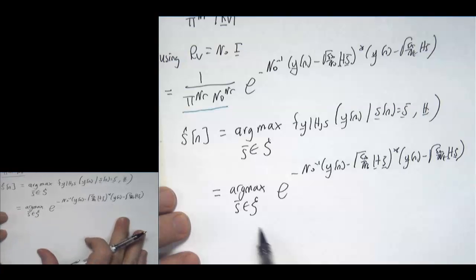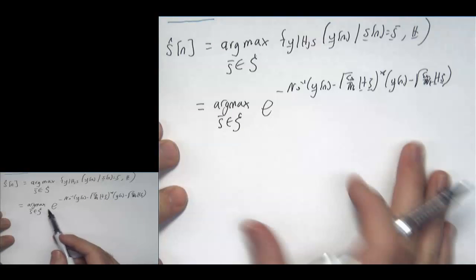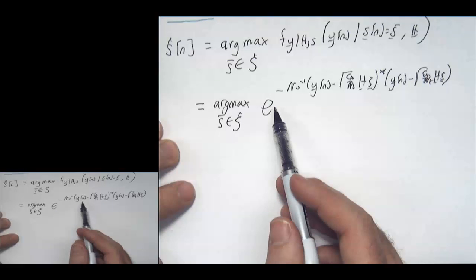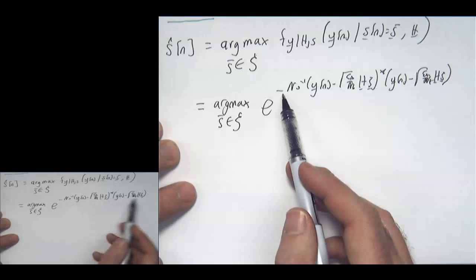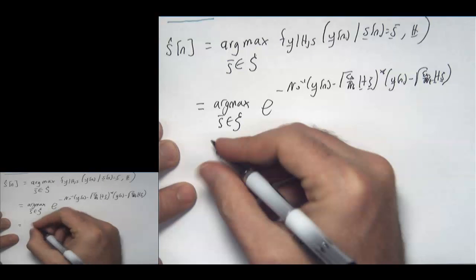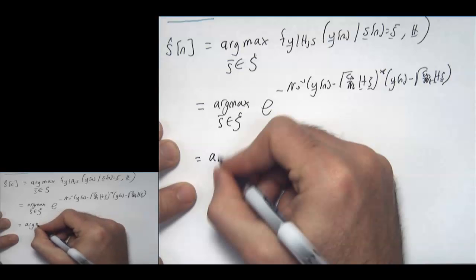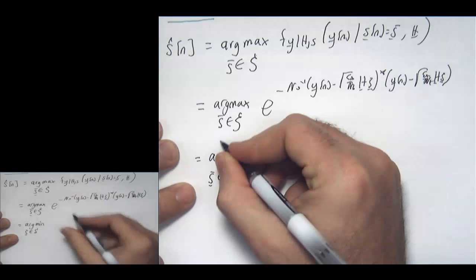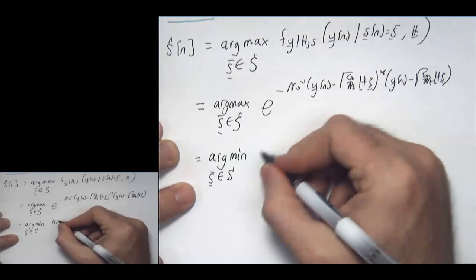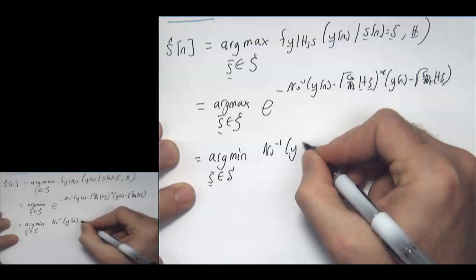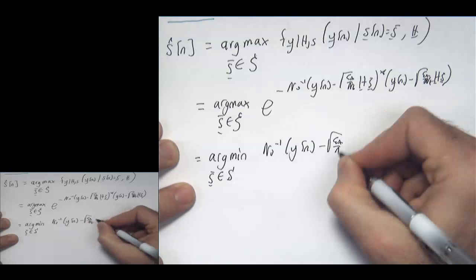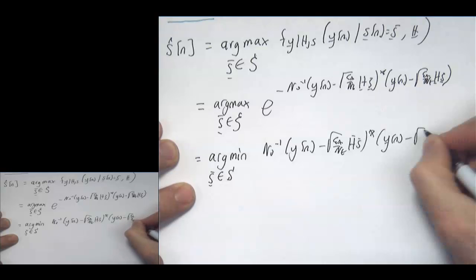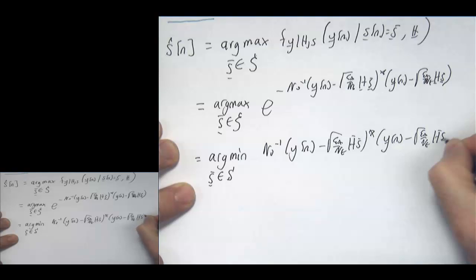And by the same logic, maximizing an exponential function is equivalent to maximizing its argument, but the argument here is negative. So this is equivalent to minimizing the negated argument. So this is arg min over s bar in this vector constellation set of this quantity, which is N naught times y of n minus square root of Es over Nt h s bar, star, y of n minus square root of Es over Nt h s bar here.